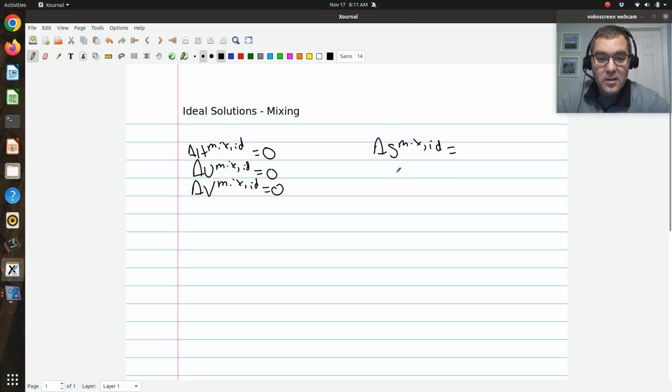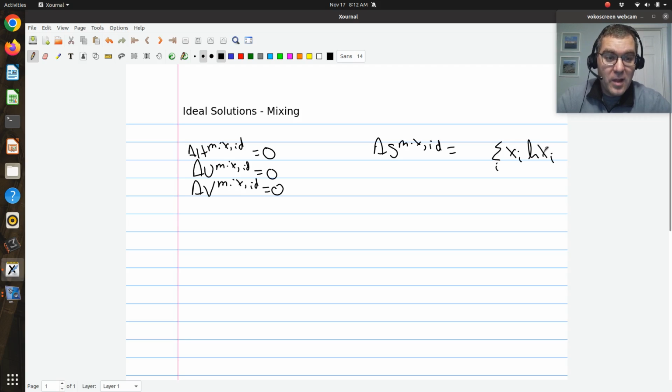Alright, in terms of delta S of mixing, remember it's always going to be positive, always greater than 0. And what I've told you in class is the key thing to remember is sum over i of x_i log x_i. I think with ideal gases we used y; here I'm going to use x for mole fractions. So x_i is my mole fraction of component i.